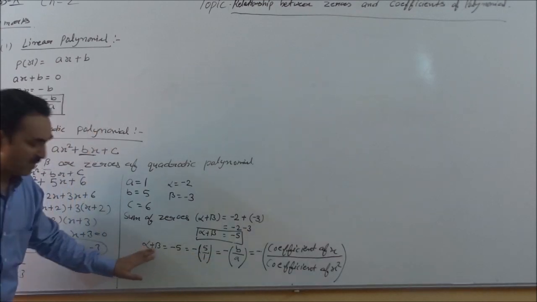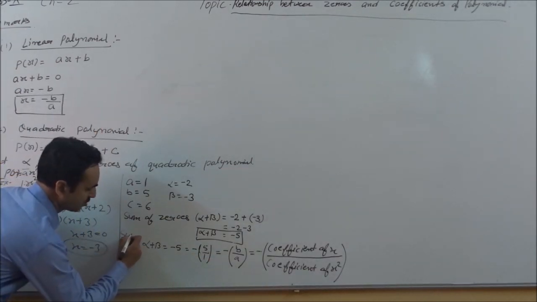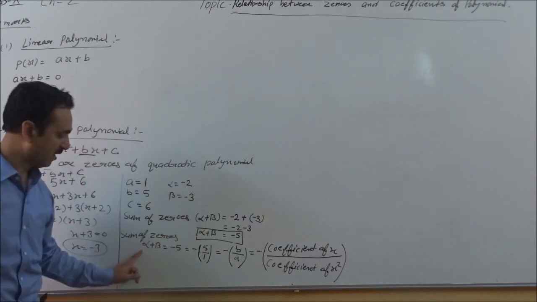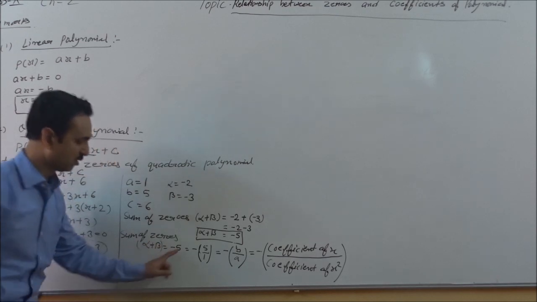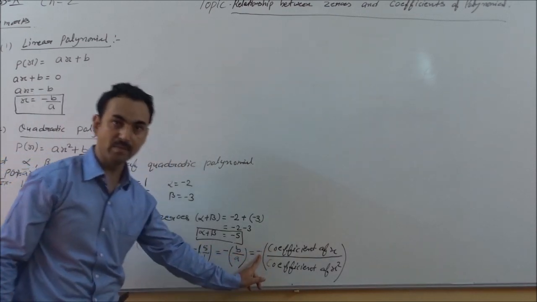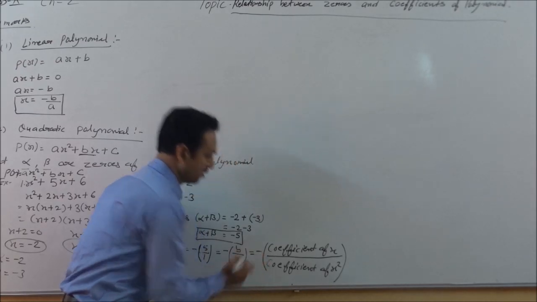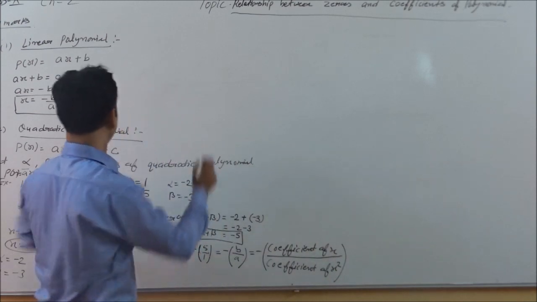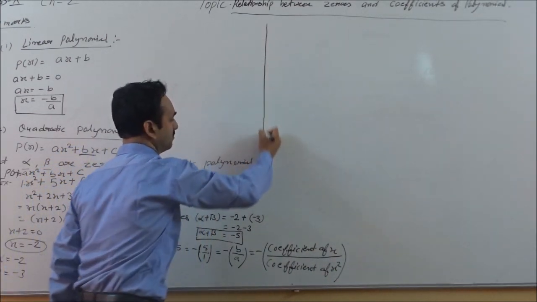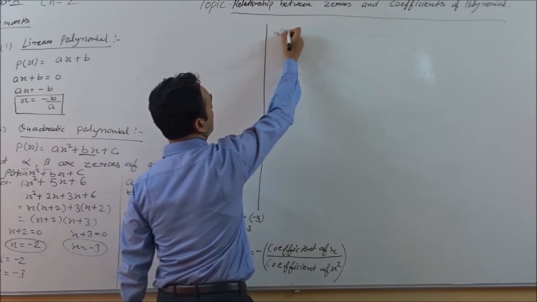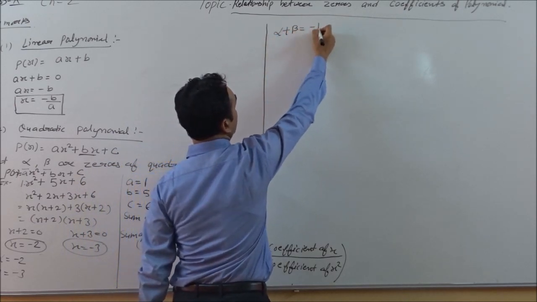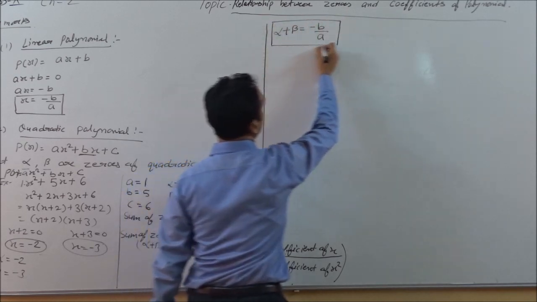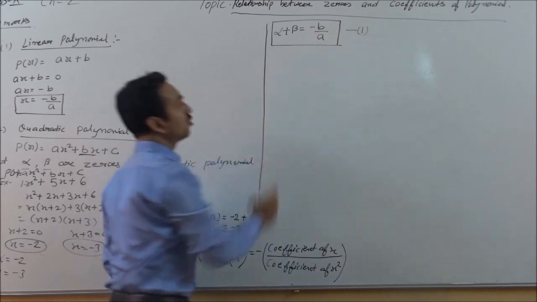So alpha plus beta, the sum of zeros, equals minus, don't forget the minus here, minus coefficient of x upon coefficient of x squared. So we can write alpha plus beta equals minus b upon a. This is the first relationship between the zeros and coefficients.